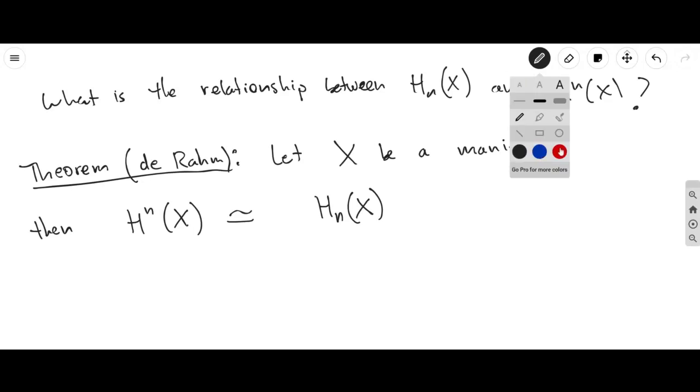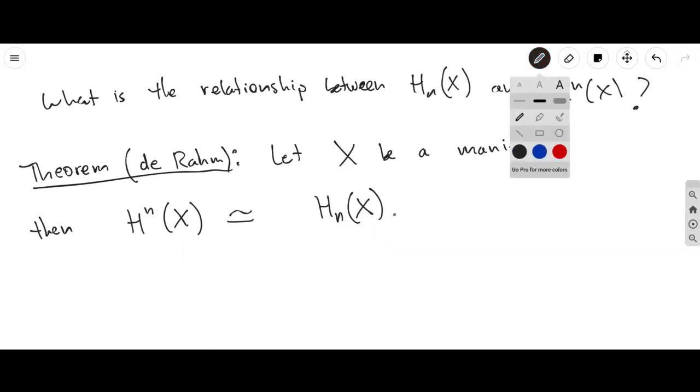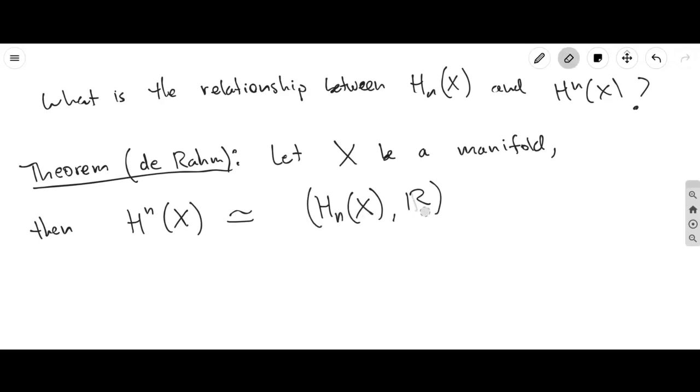That's not going to make sense because this is a vector space and this is an abelian group. However, we talked about this functor called the dualizing functor. I'll remind you what it is in a moment, but really what you would put here is you would consider homomorphisms from this group into the reals, and the homomorphisms, they have the structure of a vector space.